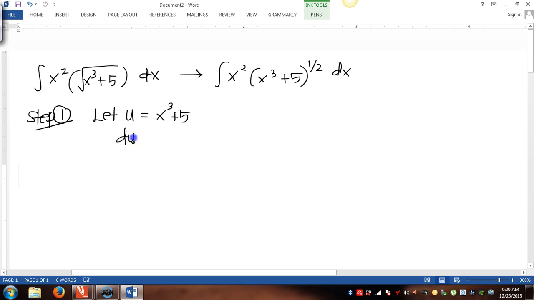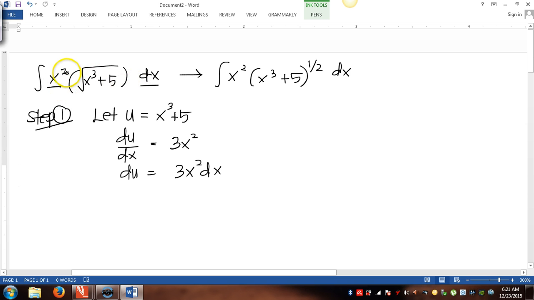We have to find du over dx. So we get 3x squared plus 0, so that we can get du equal to 3x squared dx. But if you look at this, we don't have any 3 there.